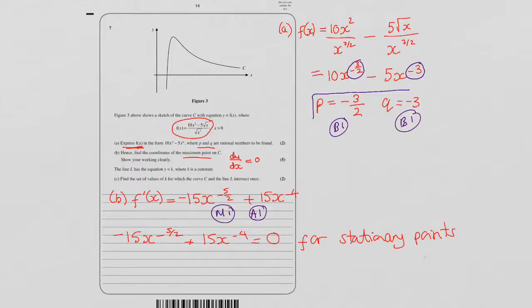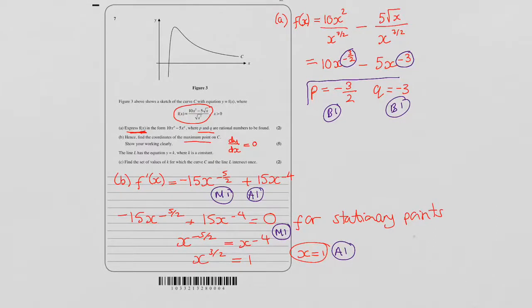I've put them on different sides to each other. So I had x to the minus 5 over 2 equals x to the minus 4. I ended up with x to the 3 over 2 equals 1, which means that x equals 1. You may have done it slightly different, that's fine. So you get one method mark here for putting it equal to 0, and then an accuracy mark down here.